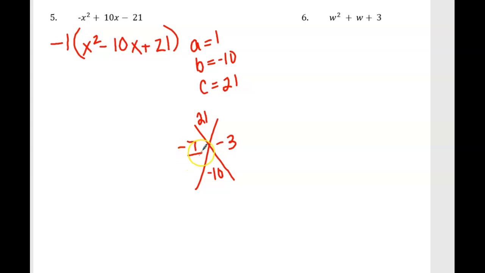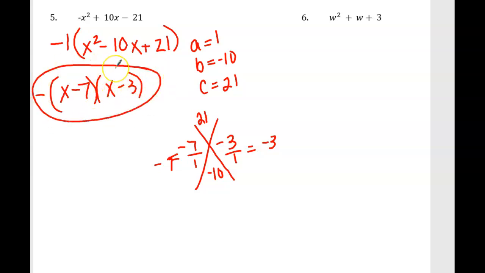I again divide by that leading coefficient of negative 1. And that negative 1, I'm just going to write it as a negative, and on this side we have a negative 7, so this would be x minus 7, and the other one would be an x minus 3. So there's our solution.